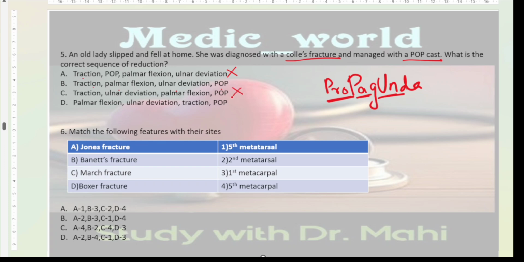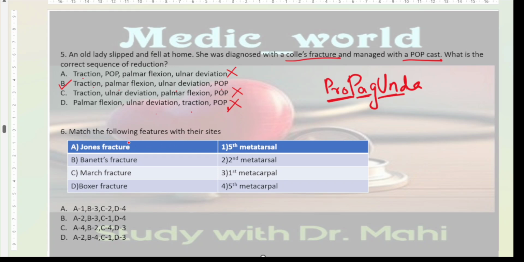So it is also the wrong option. Palmar flexion, ulnar deviation, traction, then POP. No, because traction is given at first. So the answer to this question is option B, that is first traction, palmar flexion, ulnar deviation, and POP.